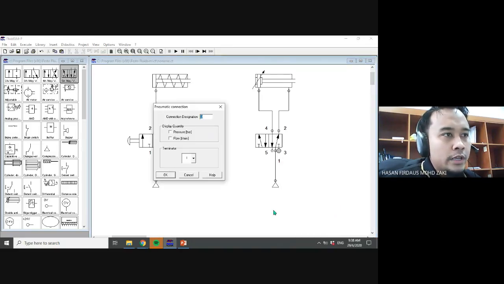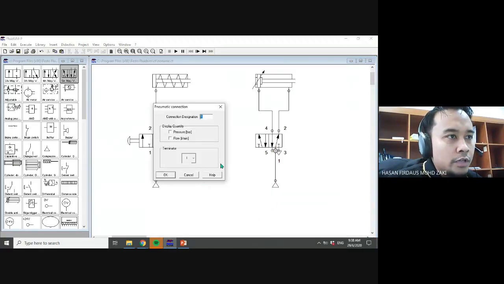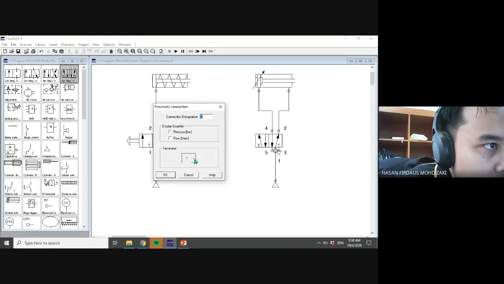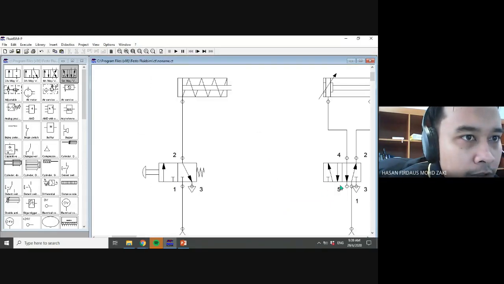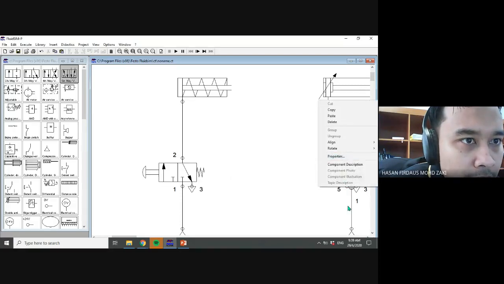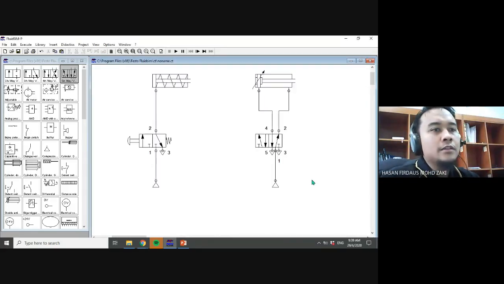So you can add this terminator, to exhaust to atmosphere. So power source connected to port number 1. Port 3 and 5 go to atmosphere, exhaust ports.